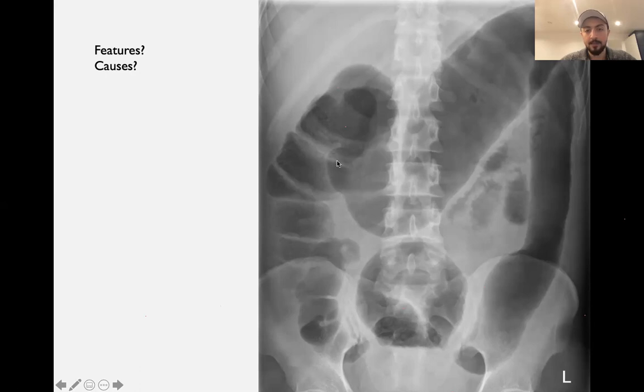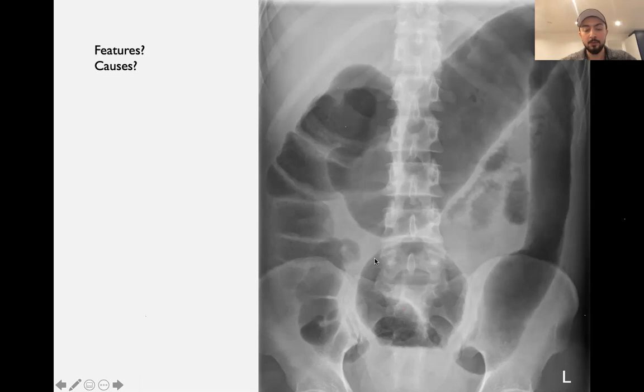And you can see across in here, the transverse colon is dilated and it lost all its folds. You can't see any of the folds in here anymore. That's because the muscles are completely relaxed in here. The tinea coli, as you know, are completely relaxed, causing the haustra to disappear. I'll come to that in a second. And you can see here the lead pipe appearance, because it looks like a pipe. That's because it also lost its folds, or the haustra.